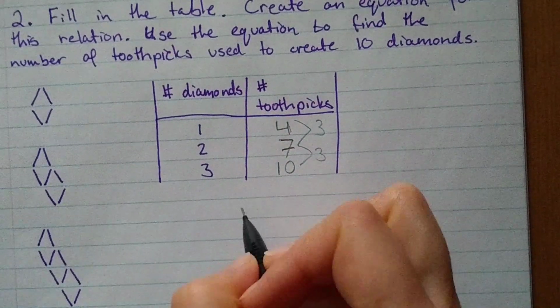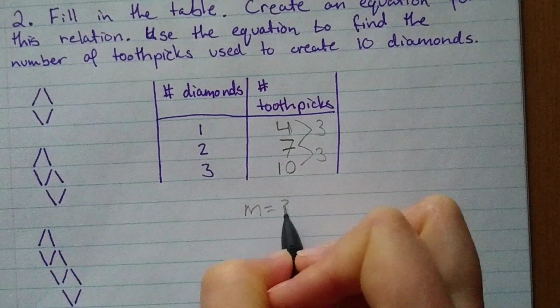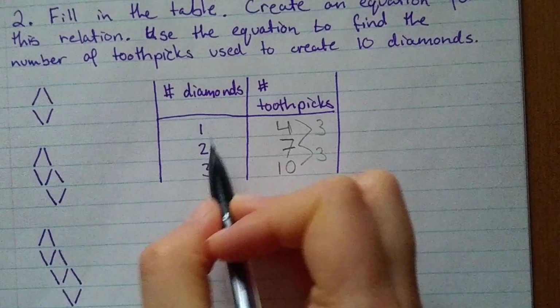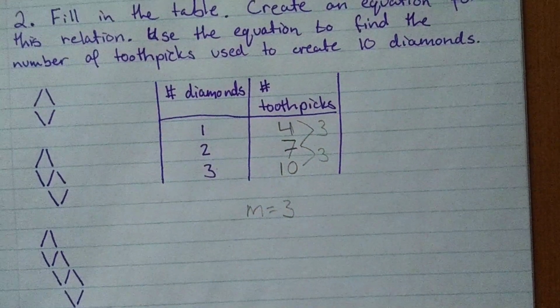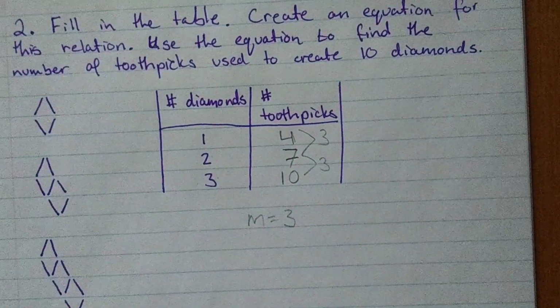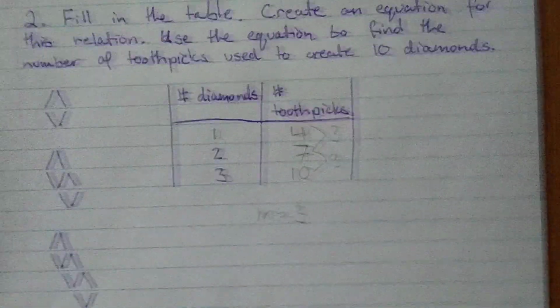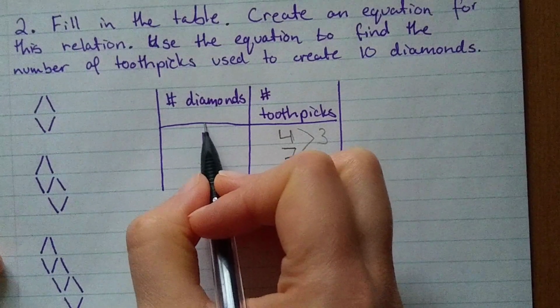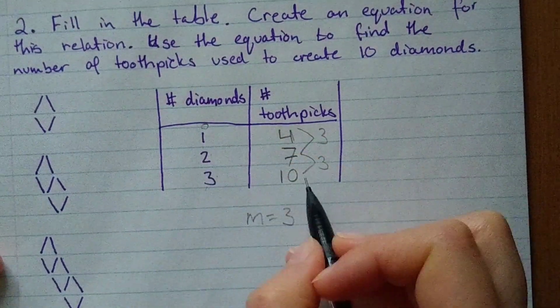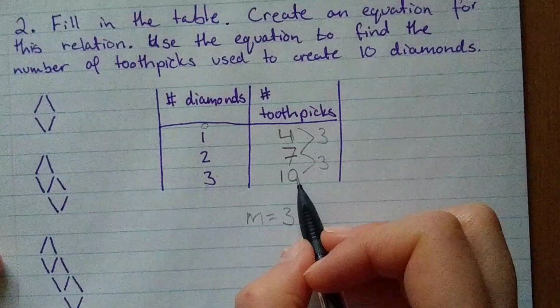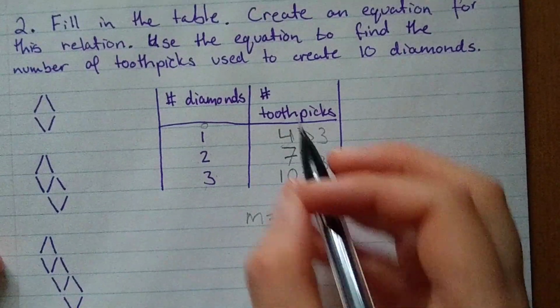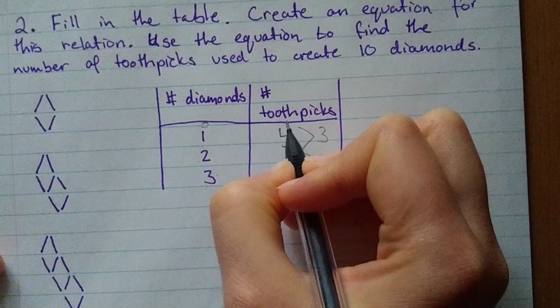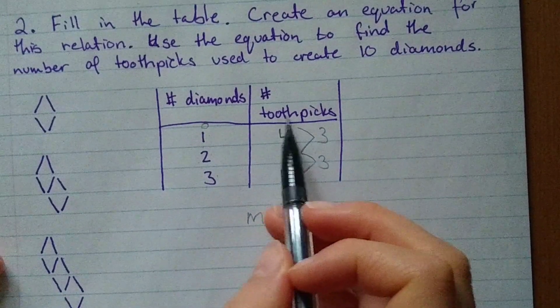To create this equation, our m value will be 3, because the diamonds are going up by ones. Now we don't have a 0 in our table. But if we go back, 3, 2, 1, 0, and count back by 3, so 10, 7, 4, 1, you would get 1 here.